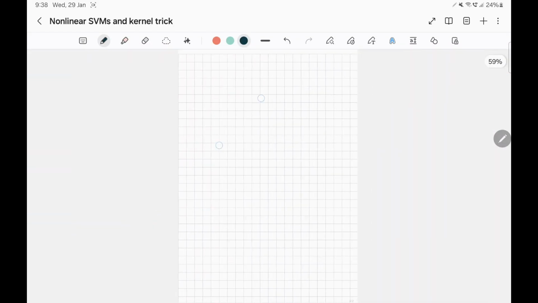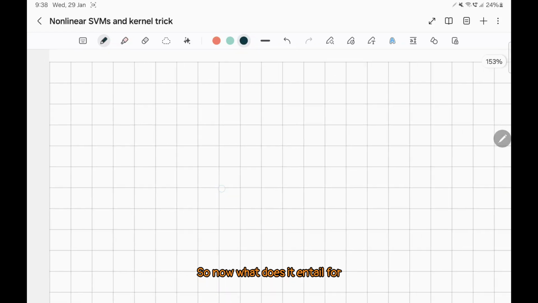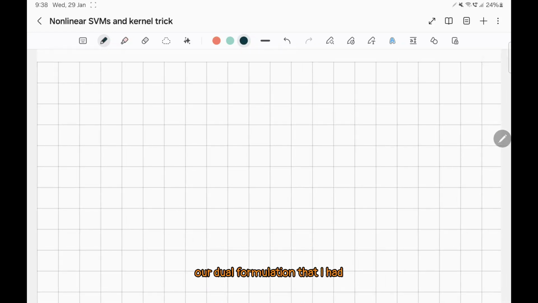Cool. So now, what does it entail for our dual formulation that I had computed in the previous lecture? We still need to find an objective function, but now with a kernel involved. It's very simple. Let me just write down the dual formulation.